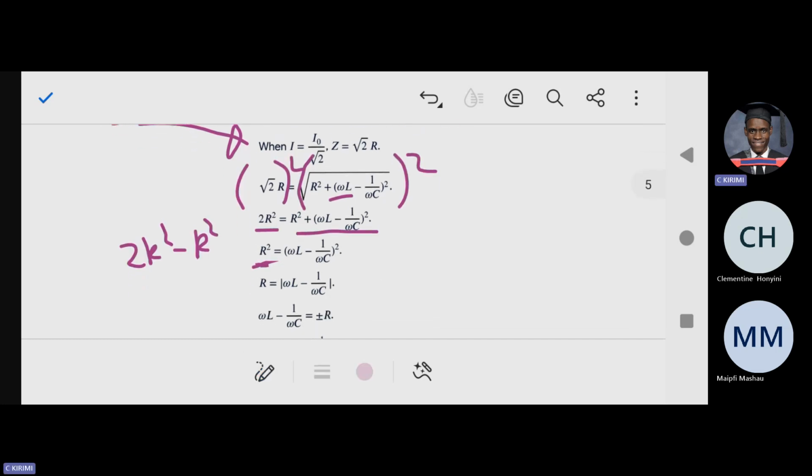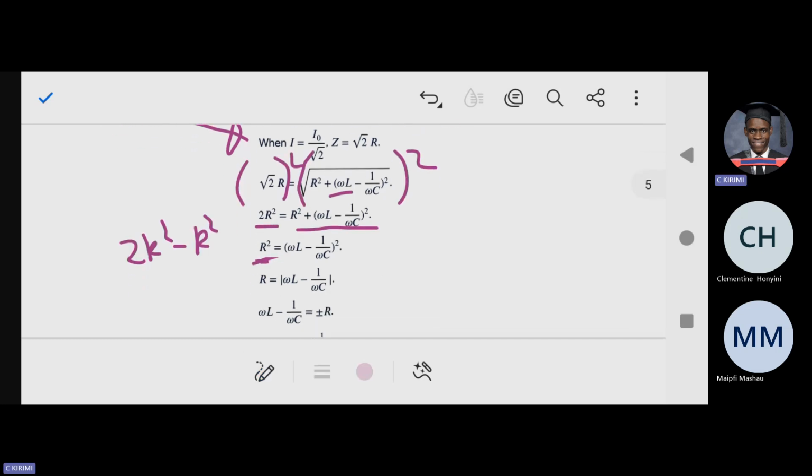Then now you solve for R. What is the value for R? Which is the square root of the right side. So R is equals to the square root of omega L minus 1 over omega C squared.